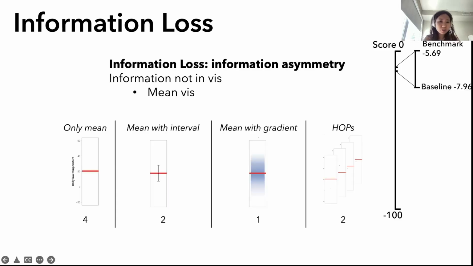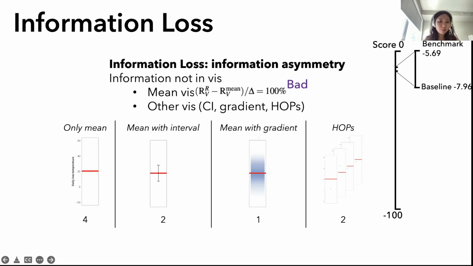For these 4 different visualization strategies, the mean visualization has an information loss that's 100%, because for mean, the upper bound is the same as baseline and it's losing 100% of the value of information between baseline and benchmark. So this is very bad. But for other visualization formats, they don't lose anything.